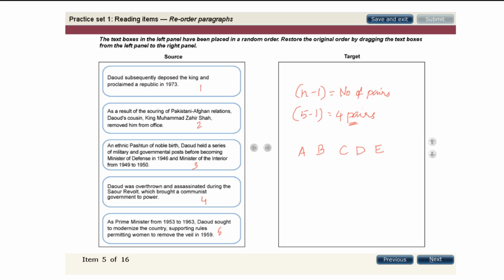So how many pairs are being formed here? AB, yep, BC, yep, CD, and DE. So it's 1, 2, 3, 4 pairs.